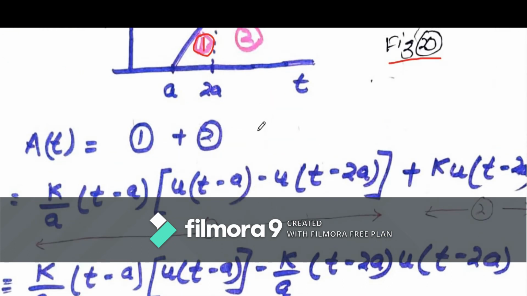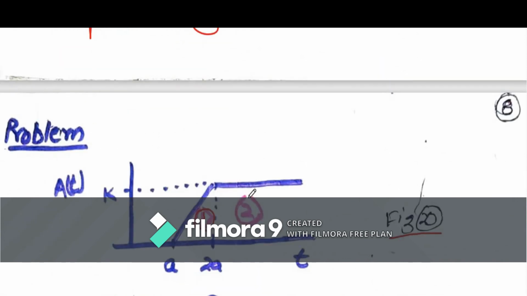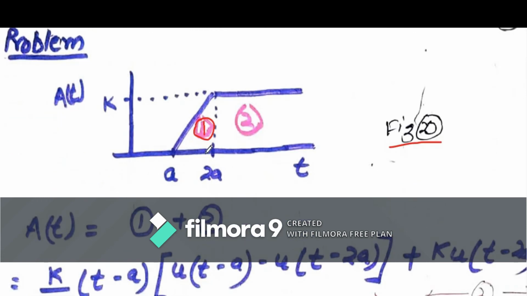Again, what is the slope for this waveform? K minus 0 upon 2a minus a, which is k upon a. Simple method, y2 minus y1 upon x2 minus x1.